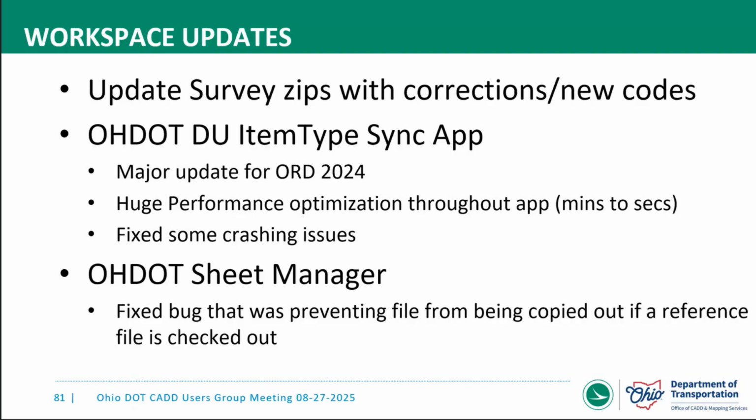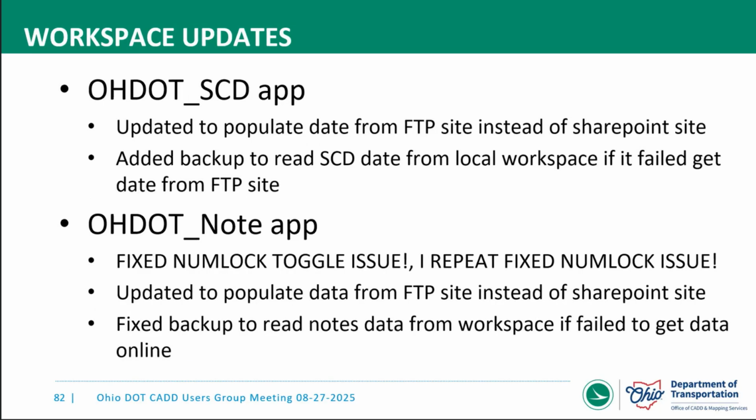Next, the item type sync app has had a major update with huge performance optimizations and crash fixes. Then the sheet manager has had a bug fix. There was an issue stopping files from being copied out if a reference file was already checked out.